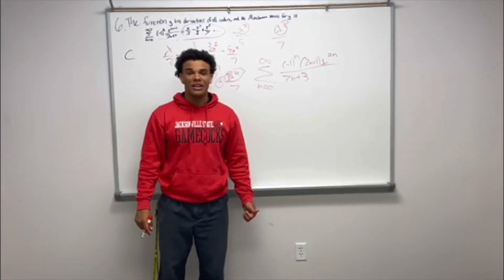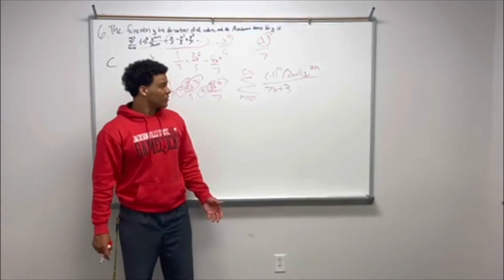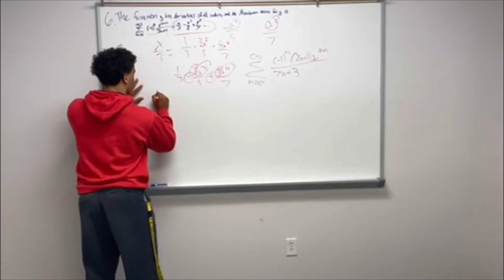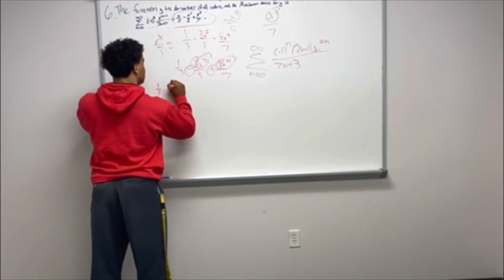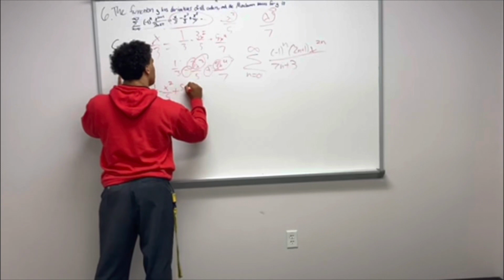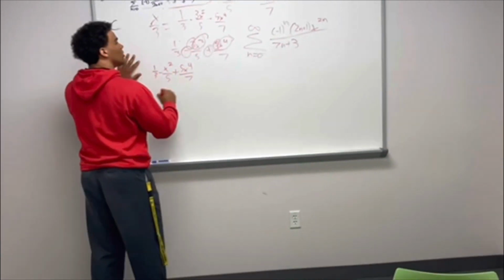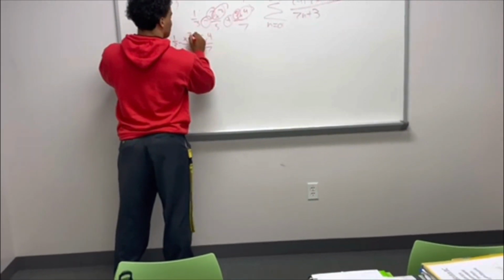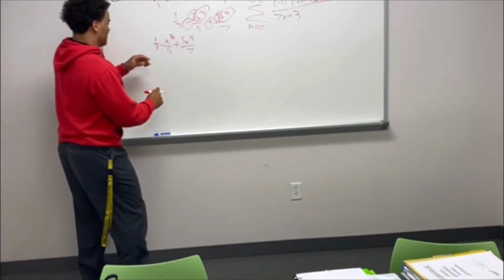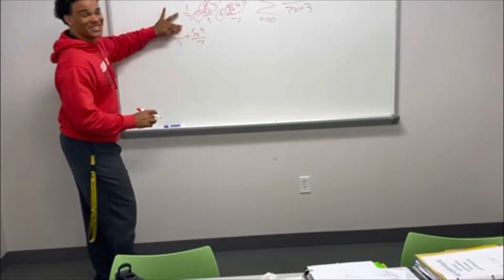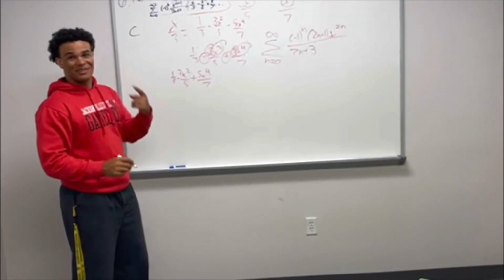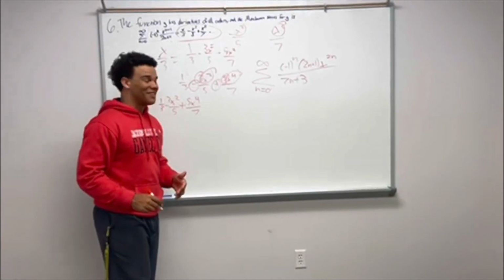So, we're left with 1 over 3 minus x to the 5 over 5, plus 5x to the 4 over 7. 3x squared. Sorry, I lied. 3x squared. Mental lapse happens to the best of us, right?